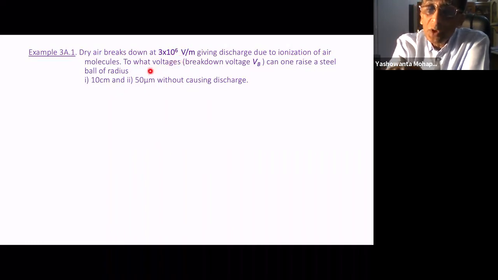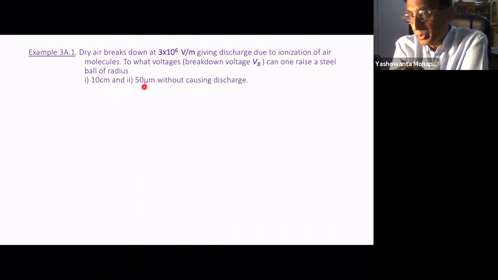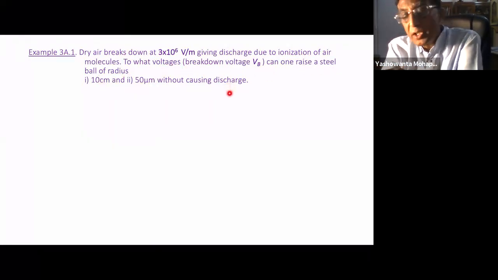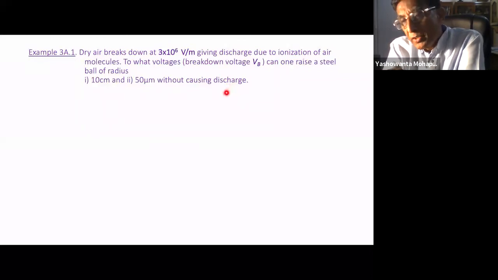Now I have two metallic balls: one of 10 centimeter radius, and a 50 micron metal ball, which I can shape in the workshop. To what voltage can one raise a steel ball of radius 10 centimeter without causing discharge in dry air?